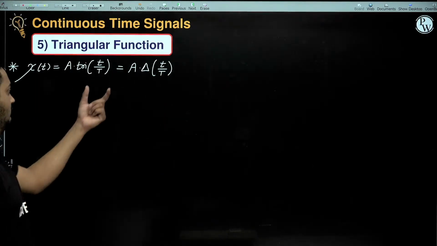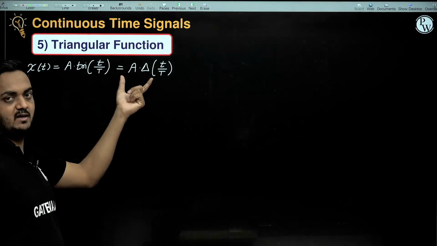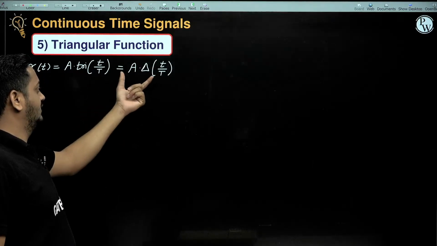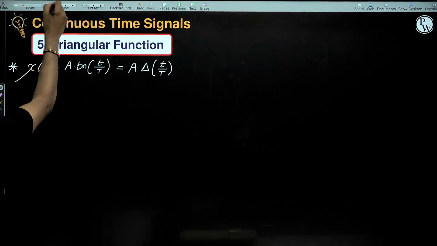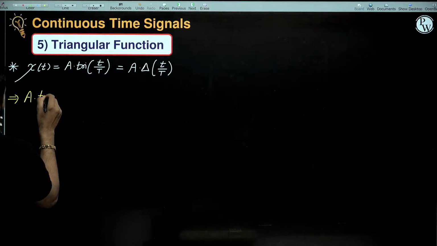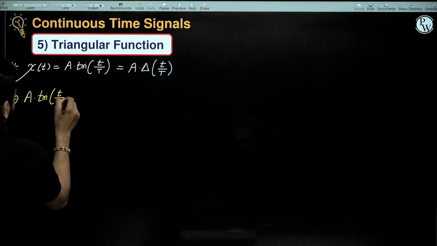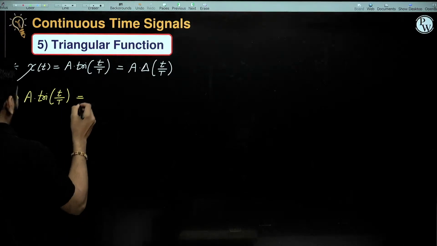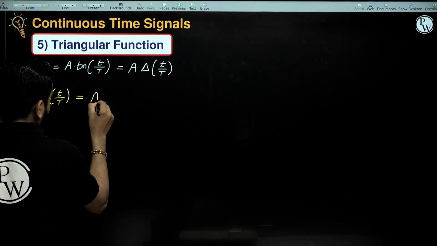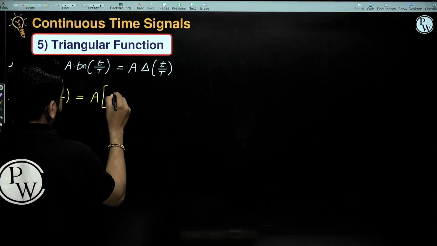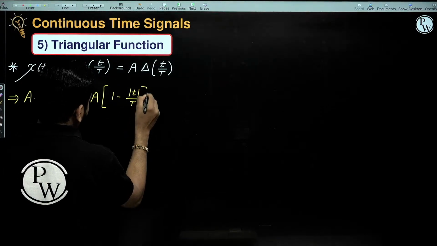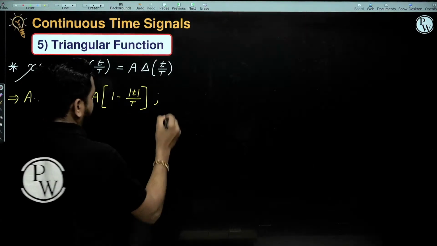This is also one way to represent the triangular function, and it is also correct. In some books you find this, and in others you find that. The mathematical expression is A times the bracket 1 minus mod t upon capital T, between minus capital T and plus capital T.